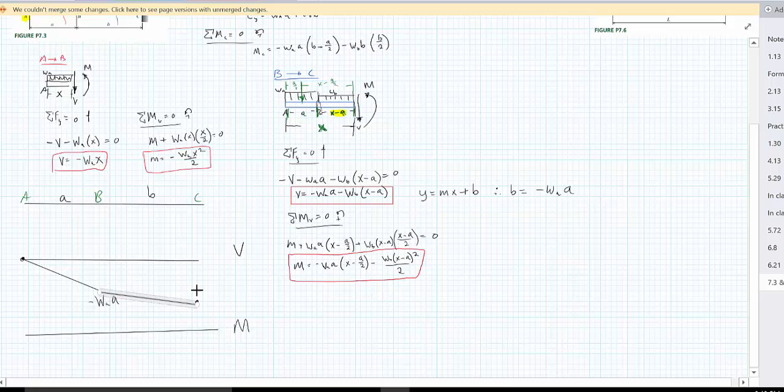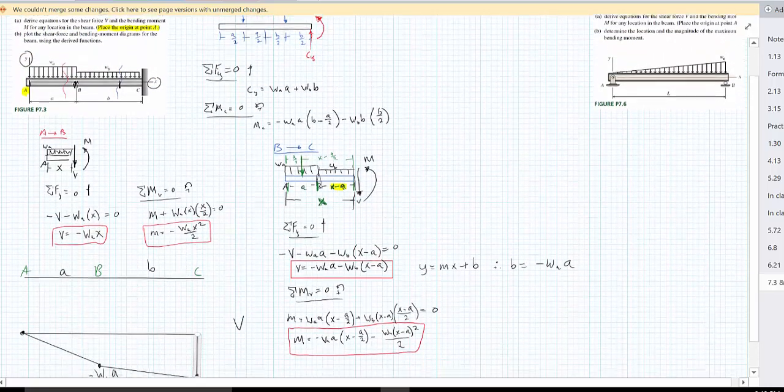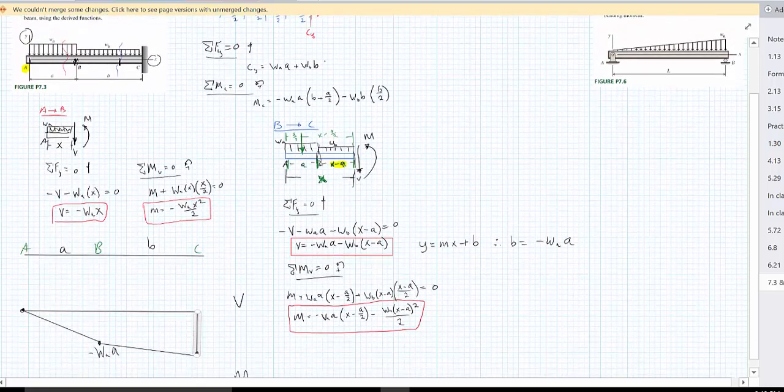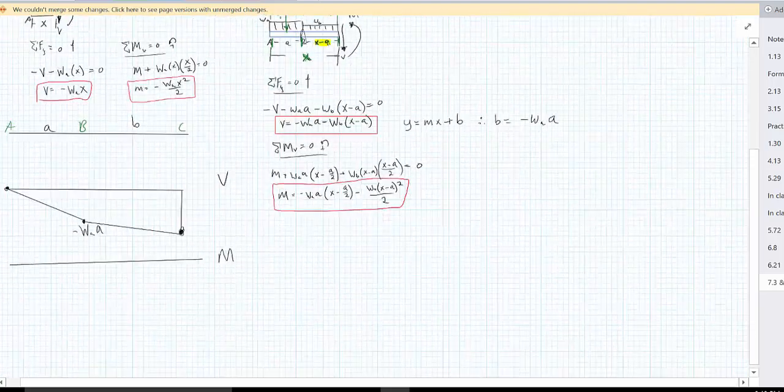Okay, and then when it gets here, it just closes back to 0, because of our reaction at C. If we go back and look at what we solved for our reactions at C, this value of C is what we should obtain when we get to the end of this shear diagram.